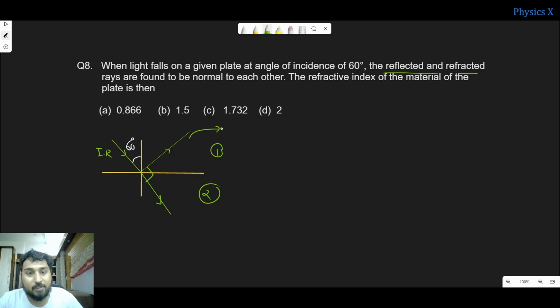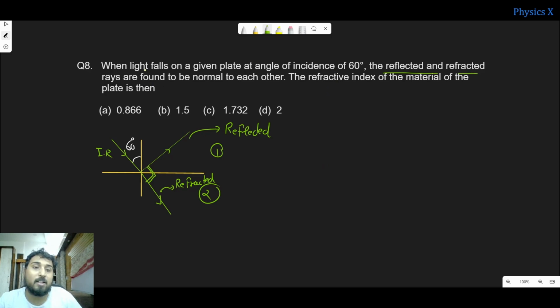This is your reflected ray, and this is refracted. So the angle between these two is found to be 90 degrees. That is normal to each other. So he's asking what is the refractive index of the material of the plate, right?